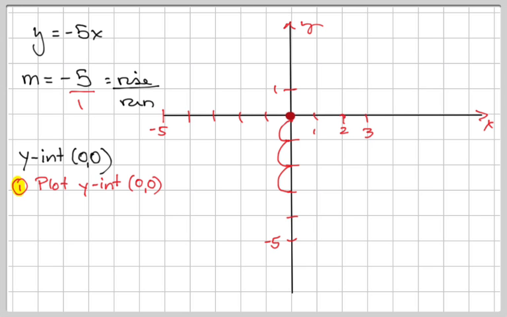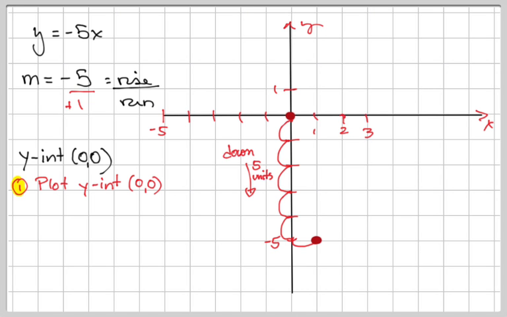So from the point that I plotted, I go down 1, 2, 3, 4, 5 units, because it's -5 over 1. You could have said +5 over -1. I always make the numerator negative. Now we're running. The 1 is positive, so we run in the positive direction, and we end up with a second point, right there.